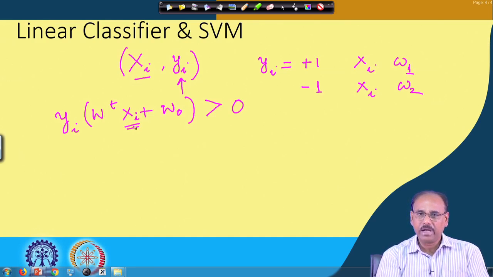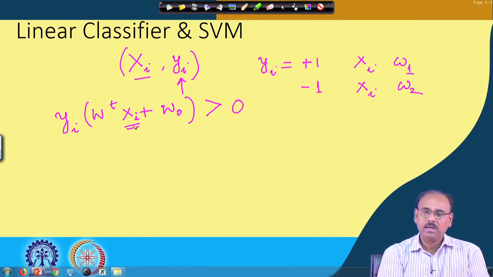If it is taken from omega 2, as omega 2 is on the negative side of the separating plane, I have to have W transpose xi plus W naught less than 0, for samples taken from class omega 2, because yi is minus 1.